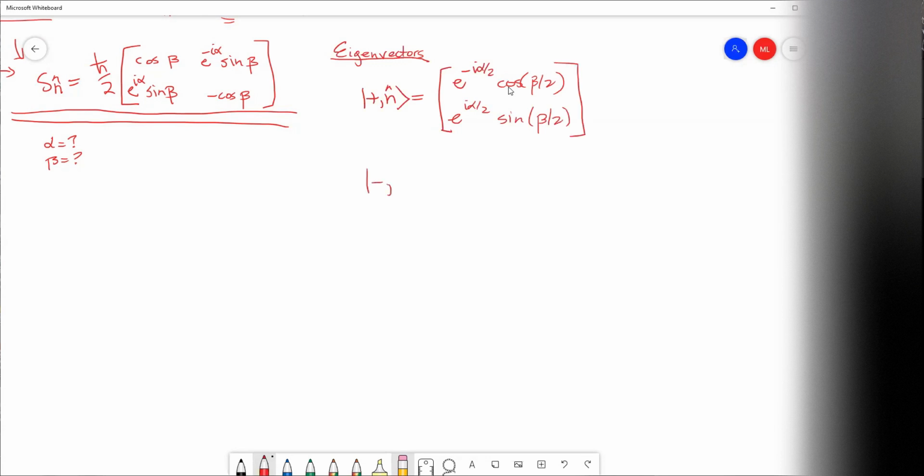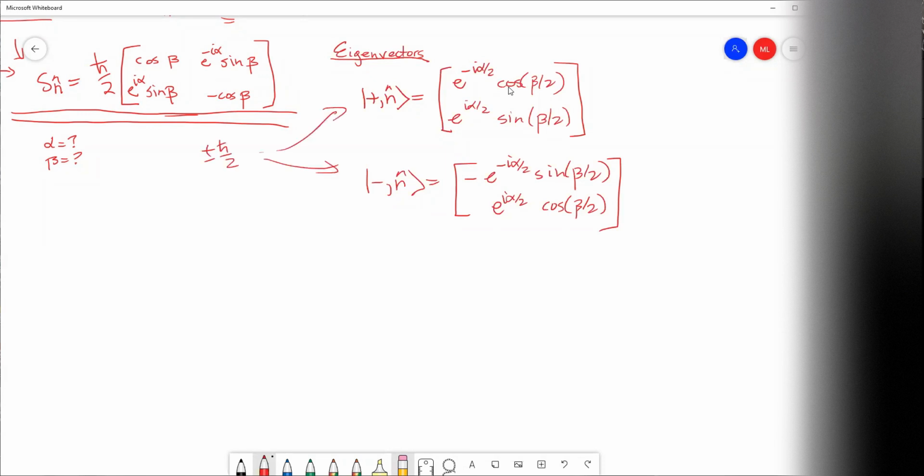And there's another one, minus e to the minus i alpha over 2. That's what they are. If you take this matrix and diagonalize it, find the eigenvalues and eigenvectors, you'll get plus or minus h bar over 2, and the plus 1 will give you that eigenvector, and the minus 1 will give you this eigenvector.